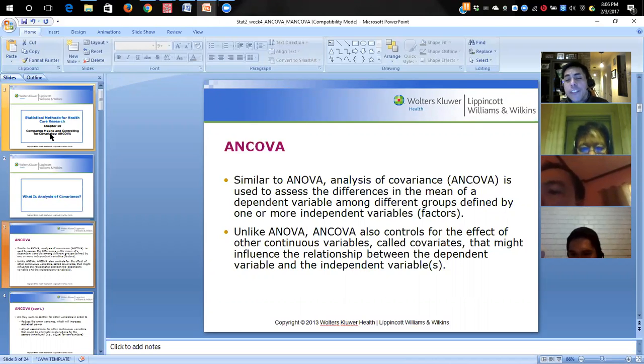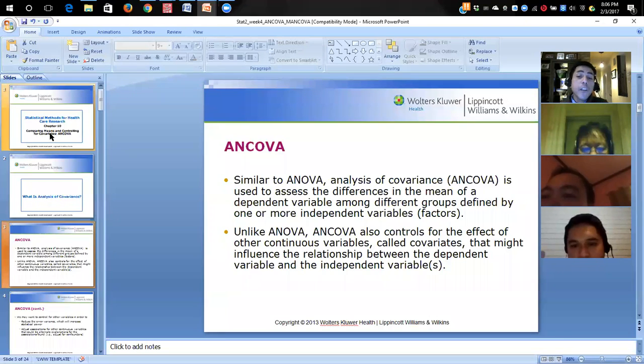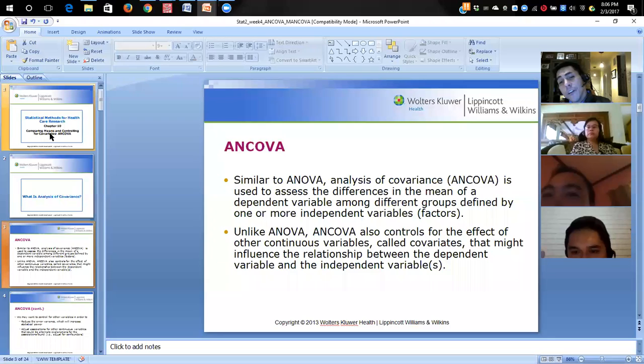Before we even think about whether there are other independent variables that might affect my dependent variable, before you start exploring your data, you need to look at correlations first. These are the covariates.